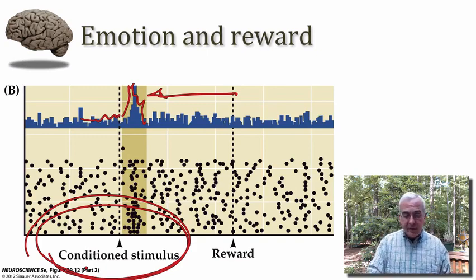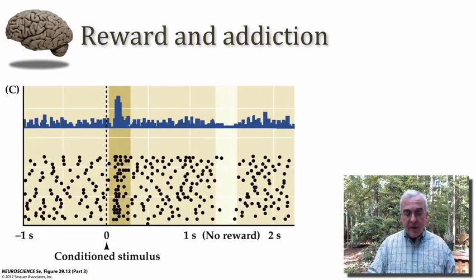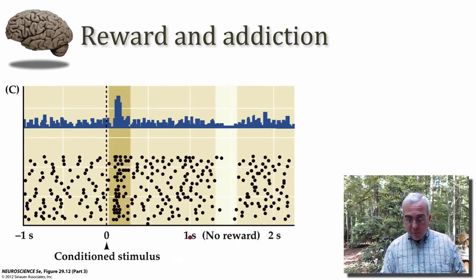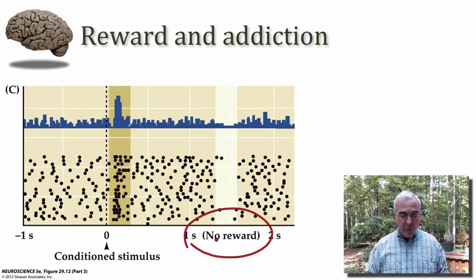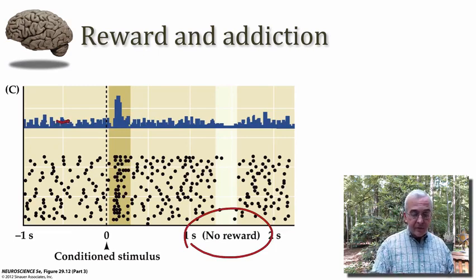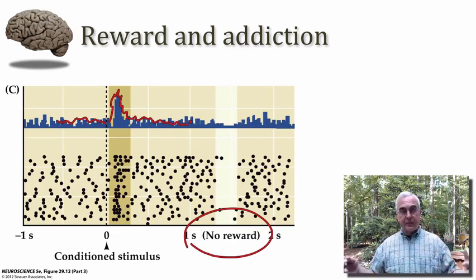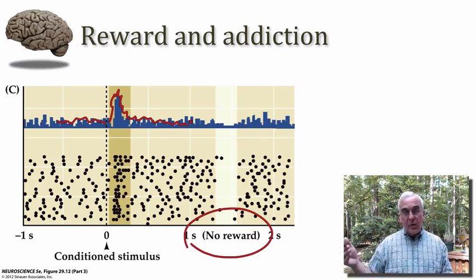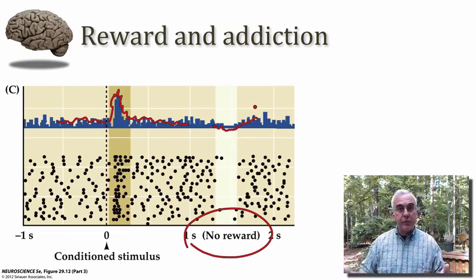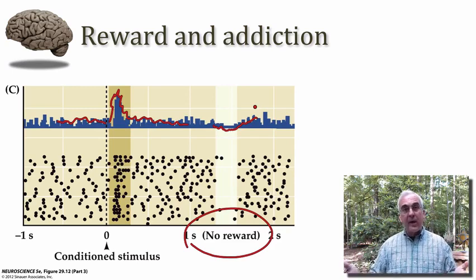In fact, if we continue to play this basic paradigm out in time, but now withhold the presence of the reward, what we find is that the ventral tegmental area neuron will continue to fire, at least for some number of repeated blocks of this experiment, when the conditioned stimulus is present, but it actually has a suppression of firing at the time at which the expected reward would have been delivered.